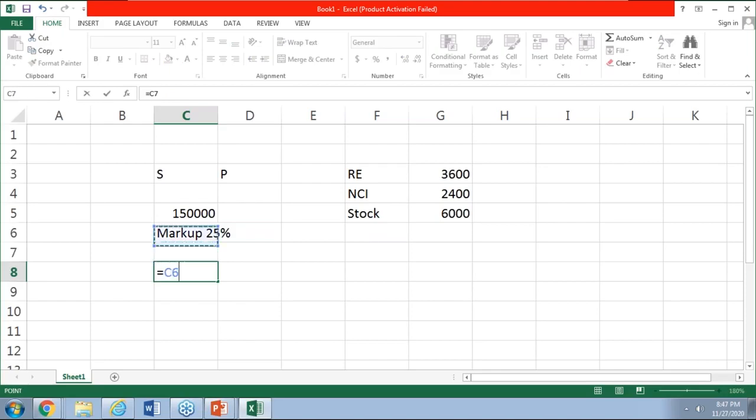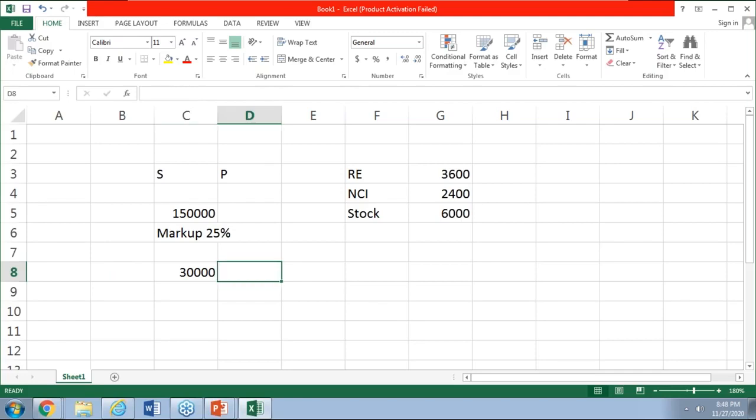So we have calculated the profit element from this 1,50,000 by dividing this amount by 125 and multiplying it by 25. So it is actually 30,000, the amount of the profit the company has made out of this sale transaction of 150,000.